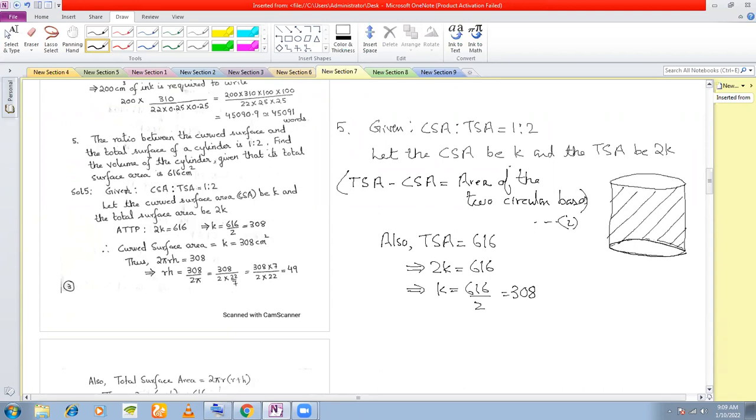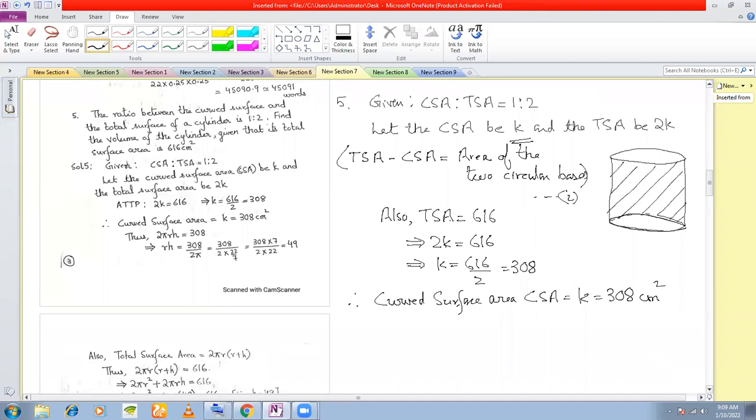And you see that the curved surface area is K. So therefore, what is the curved surface area? The curved surface area is K, which is equal to 308. Okay, and the unit here is centimeter square. Okay, and so once you know the curved surface area, you also know the total surface area.